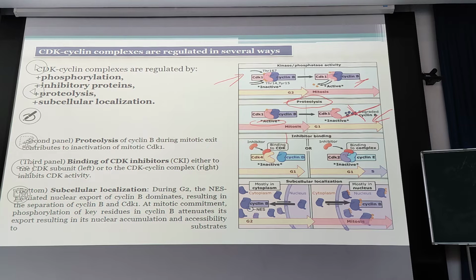Or inhibitor binding: another type of protein can bind to this structure and block it. Or subcellular localization. In G2 there is no mitosis, because cyclin B sticks with the NES and stays in the cytoplasm. But in mitosis it can stick with the NLS and be brought into the nucleus, and then mitosis happens.